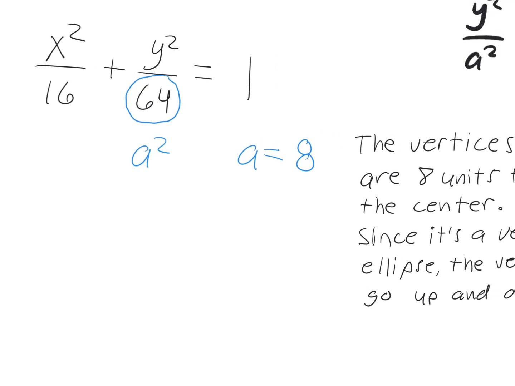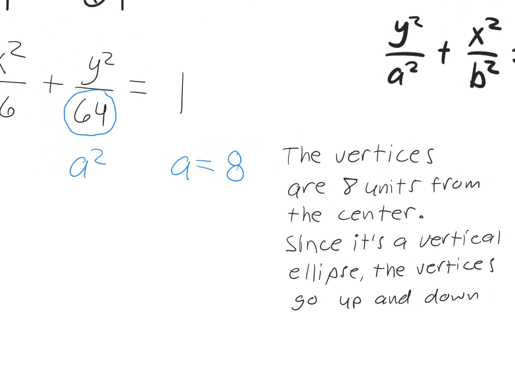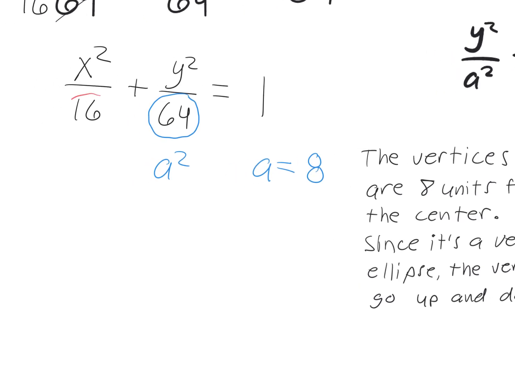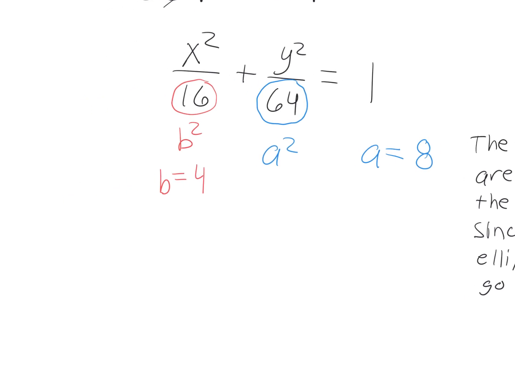All right, let's find the rest of our information. I see that 16 is right underneath the x squared. That means 16 represents b squared. So that means b is going to be what? 4. And this just means the same information as we had before.